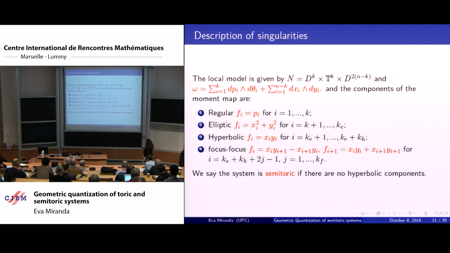Okay. So we are going to hear about semitoric manifolds in this conference again, I think on Wednesday in the talk of Sue Tolman. So what is a semitoric integrable system? Toric means that the components are going to be either regular or elliptic, and semitoric means that we just exclude hyperbolic singularities.